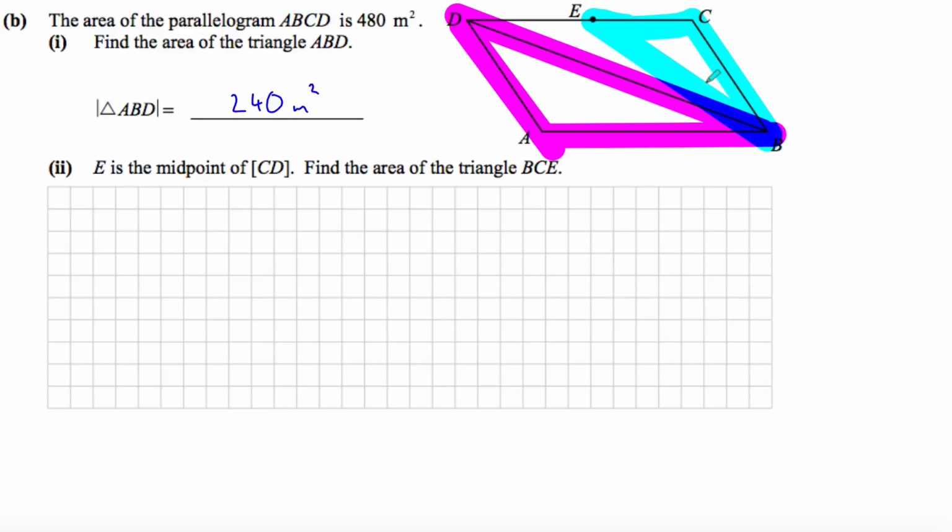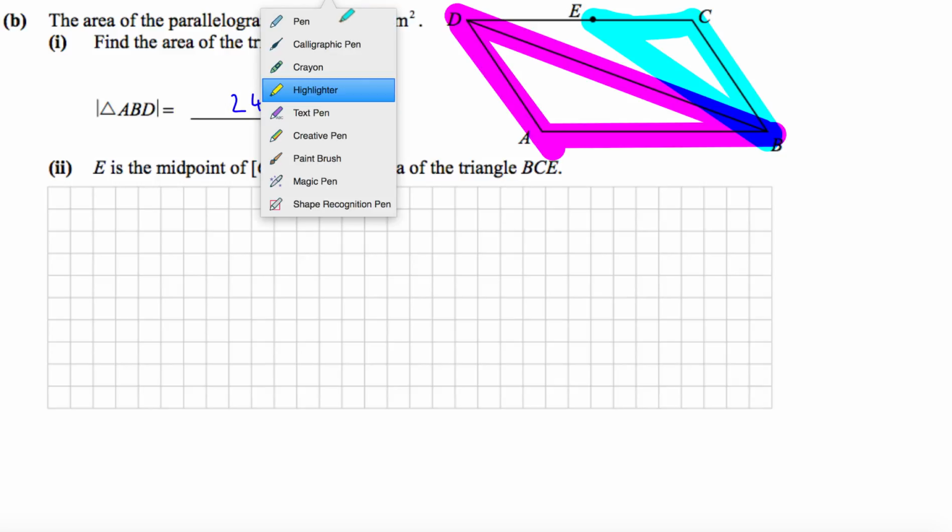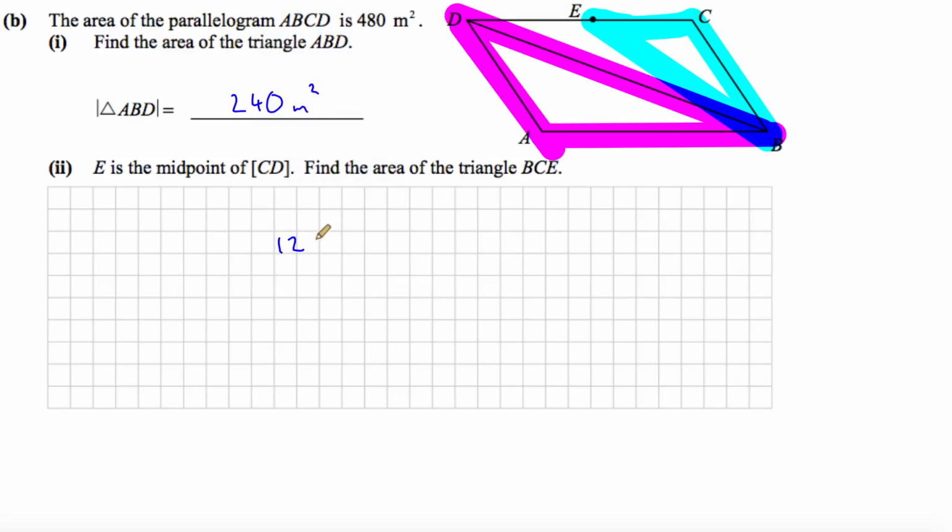Well, that blue triangle will actually be half the area of the triangle BDC, because E is the midpoint of the line CD, so it's going to split that triangle into two equal areas also. So it's going to be half of 240 meters squared, which is 120 meters squared. And that's the end of question number 4.